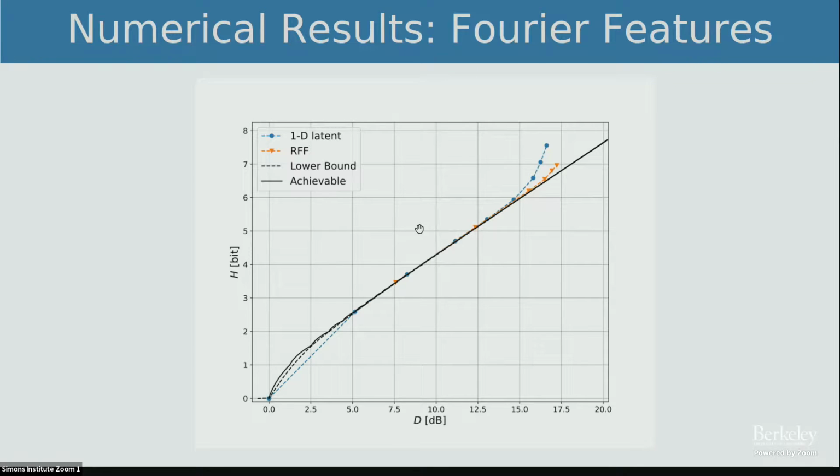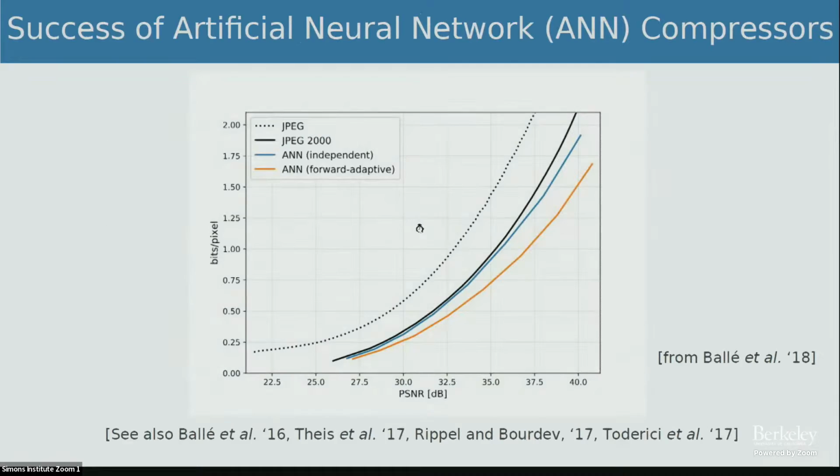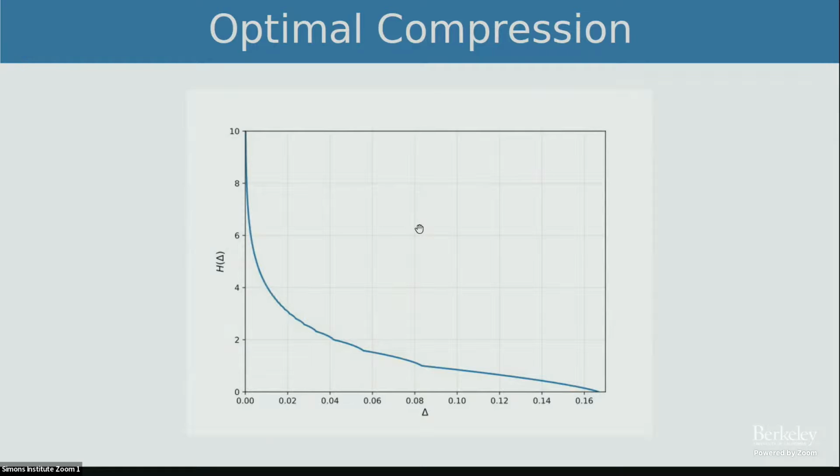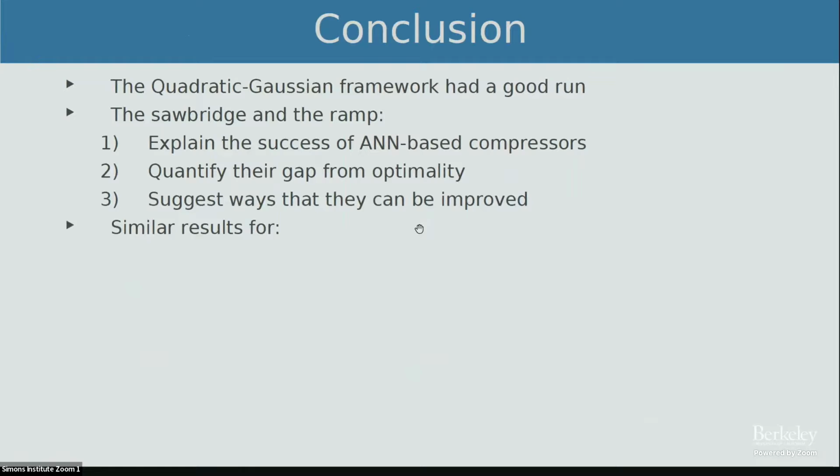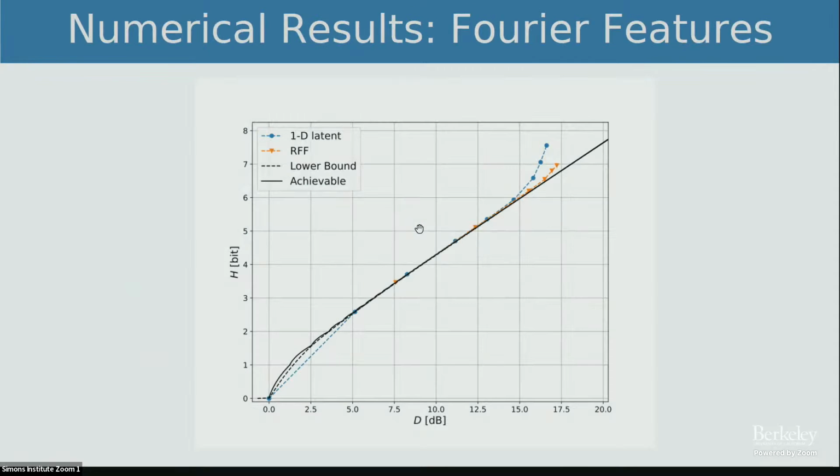In fact, I might even have it at the end. This is just mean squared error versus entropy for the Sawbridge, so you can see it's not convex. I think that's a shape that's well known in compression. I didn't mean to imply this was a new observation, but you can't connect the dots.